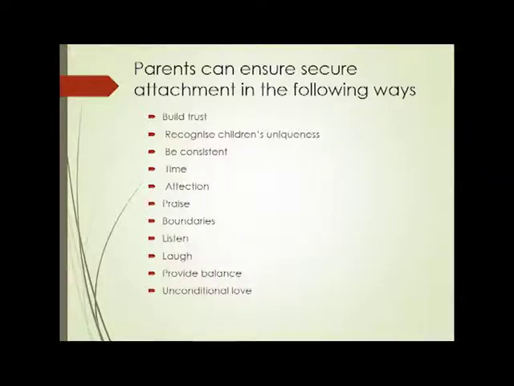We are consistent, we have timing, we show affection, we praise them when they do well, we create boundaries of what needs to be done and what does not. We listen to them, we laugh with them, we provide balance in parenting, and we also give them unconditional love.